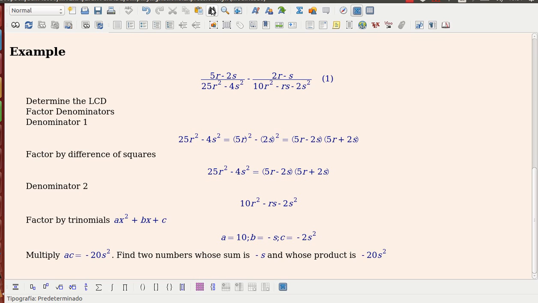Let's see which are the numbers. 5 times 4 is 20, and minus 5 plus 4 is minus 1.